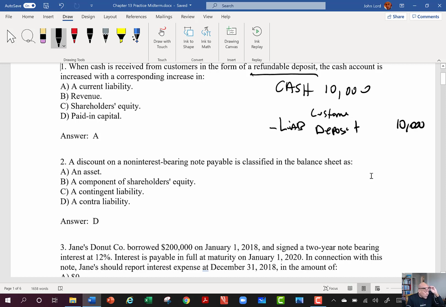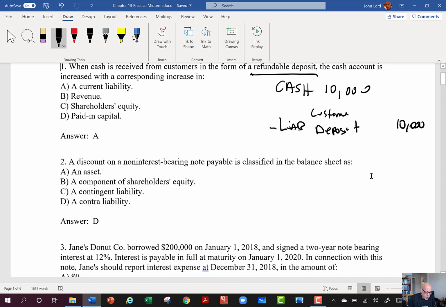So let's say someone gives me a non-interest bearing note, a 4-month note, and I have to pay them back a full $104,000 at the end of that note.